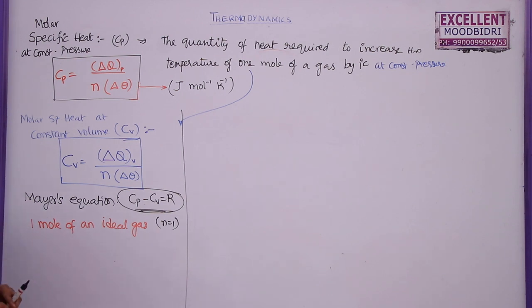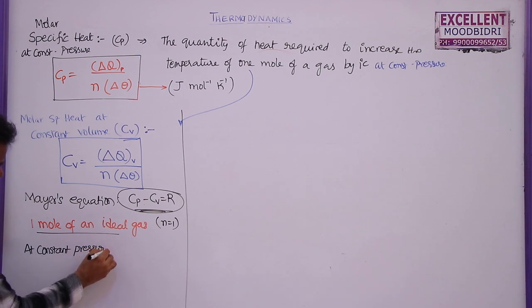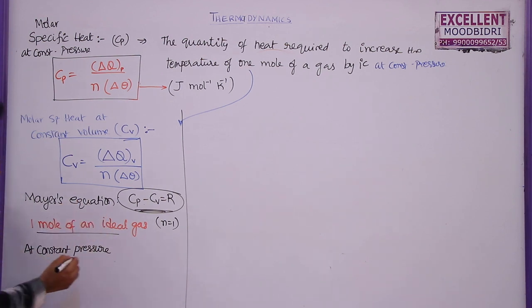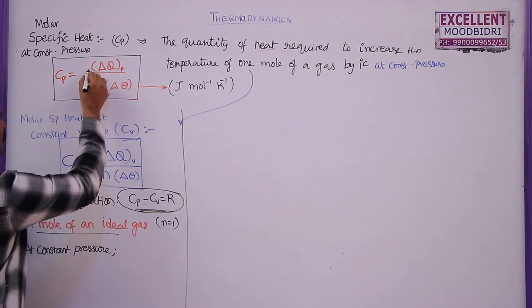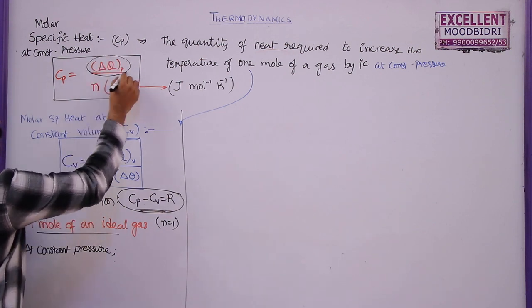If you heat this ideal gas at a constant pressure, now what is the quantity of heat required to increase this by 1 degree, or you can see this formula, how much quantity of heat is required here.